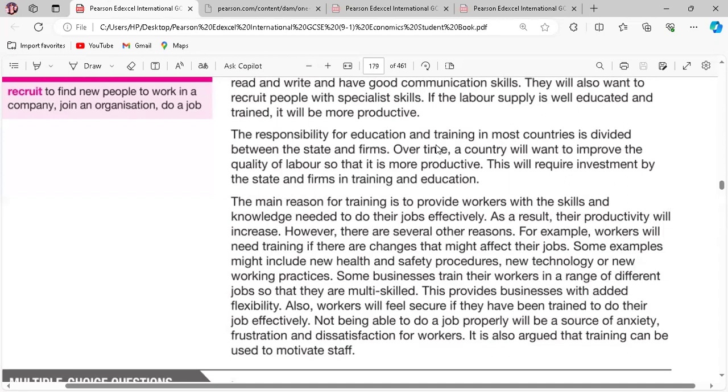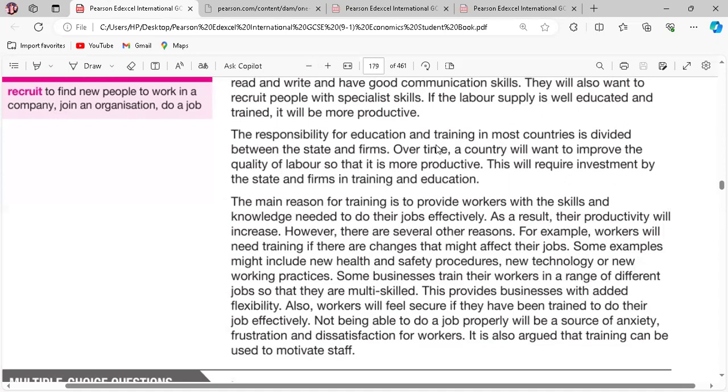That's not the only reason why education and training is important. Education and training also help workers to become more flexible, they become multi-skilled. As a result, they have the flexibility to carry out different tasks, which will also be beneficial to businesses.